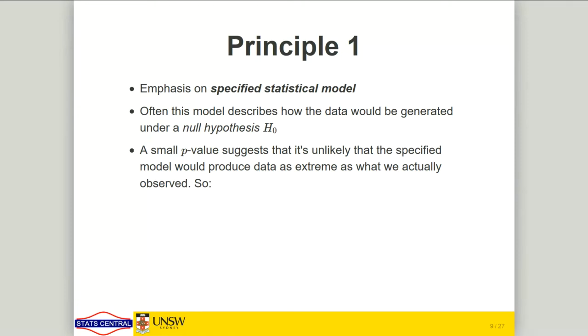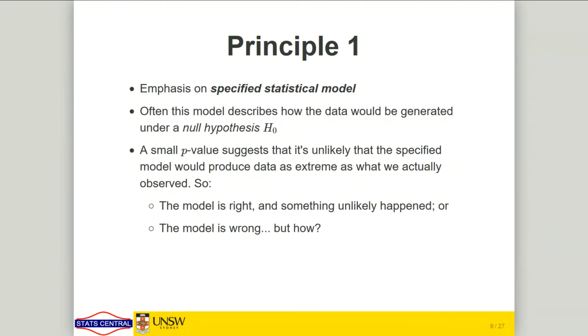So a small p-value suggests that it's unlikely that the specified model would produce data as extreme as what we actually observed. That can point to one of 2 things. It might be that the model is right and something unlikely just happened. Things that are unlikely happen all the time. It's possible that something unlikely happened in your case. So if the model is right and you conclude that the model is wrong, you've made what we call a type 1 error.